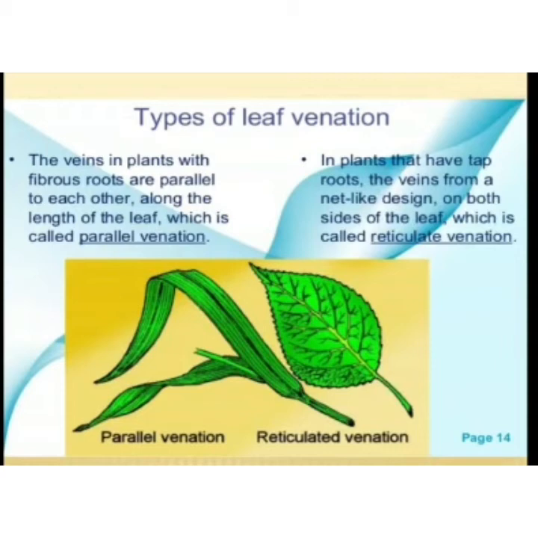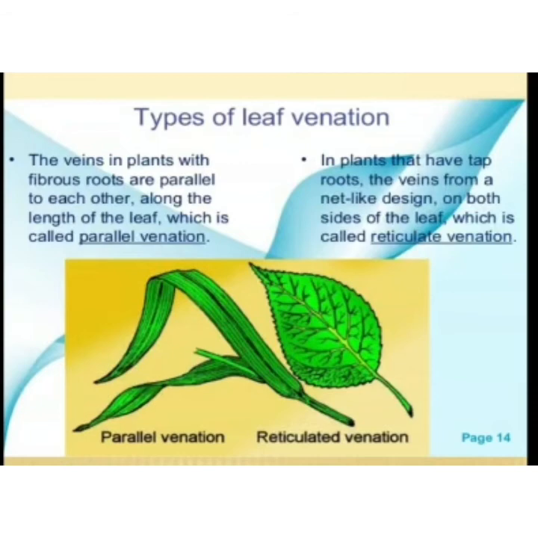So the veins in plants with fibrous roots are parallel to each other. It means that the plants which have fibrous roots have this type of leaf venation.